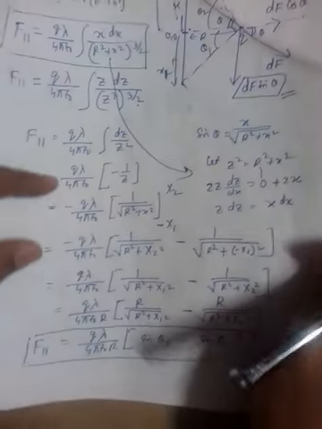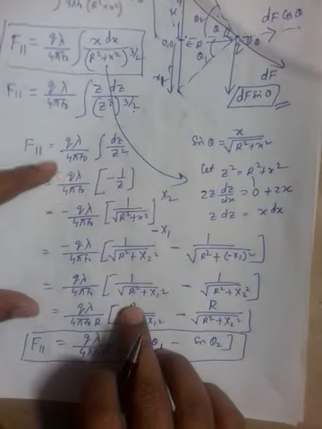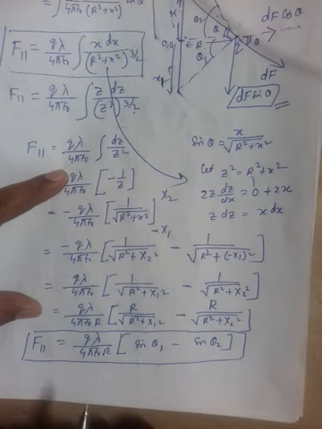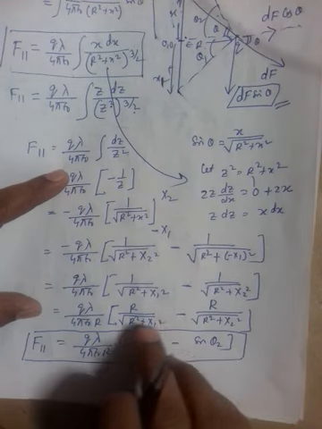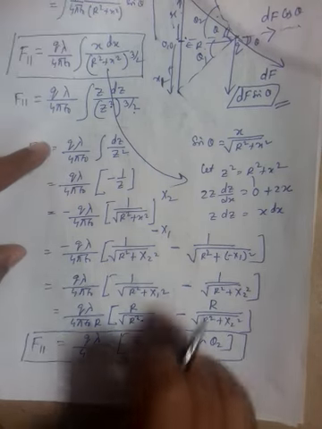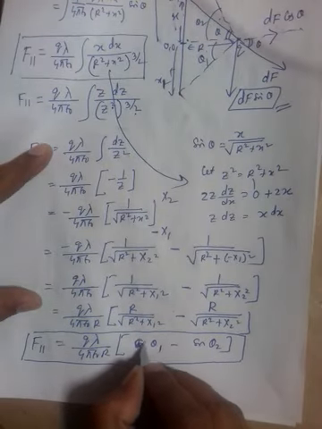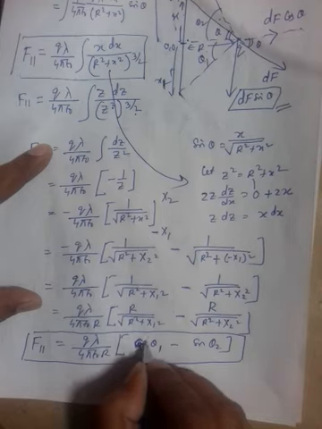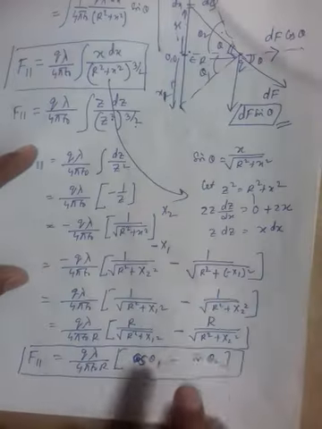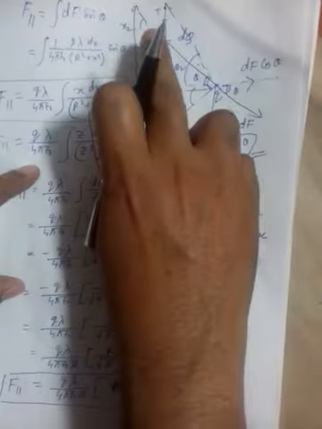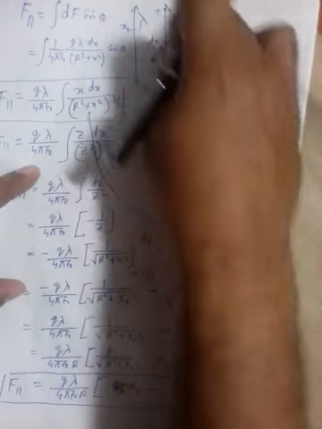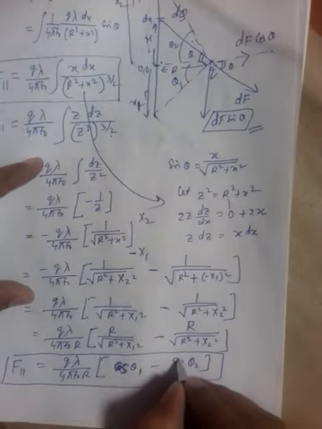Here some calculation mistake is done. Look at the minus sign. Here it is r by r square plus x square. So r by r square plus x square is actually cos of theta 1, sorry, and this one, r by r square plus x square, is cos of theta 2.